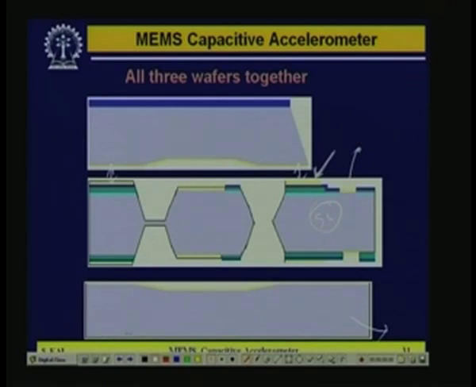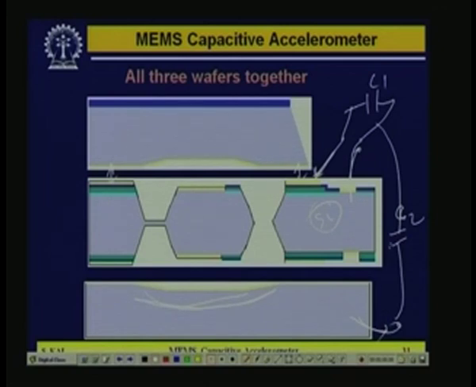Because the bottom electrode does not have any insulating layer at the bottom side of the wafer, you have delineated this portion, but this side is intact. That means one contact you can take here, one here, and the third either from the side or from the bottom. The middle is fixed, and from the middle and this you get C1, and similarly this and this give another C2, because this is a common contact you are making.